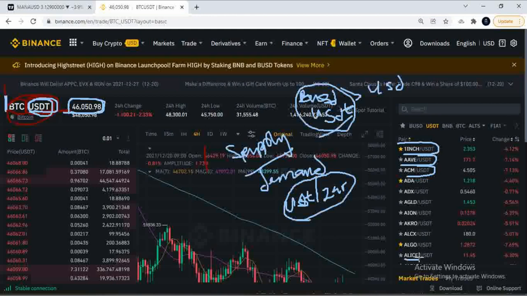For example, BTC is Bitcoin, ADA is Cardano, BNB is Binance Coin, and ETH means Ethereum. So we have these differences in signs or symbols that represent them.